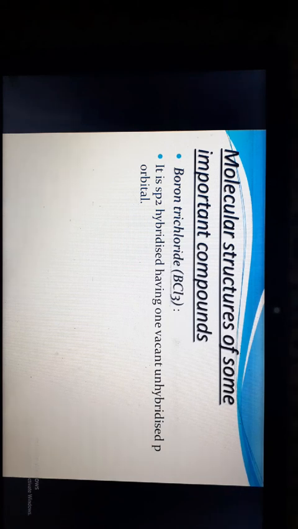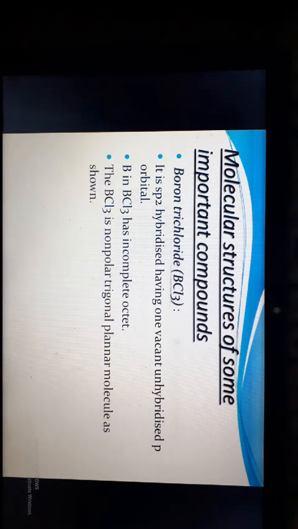Boron in BCl3 has an incomplete octet. We know that electrons in the outermost shell try to complete their octet. Octet means 8 electrons in the outermost shell, but boron has an incomplete octet. That means 8 electrons are not present in the outermost shell.